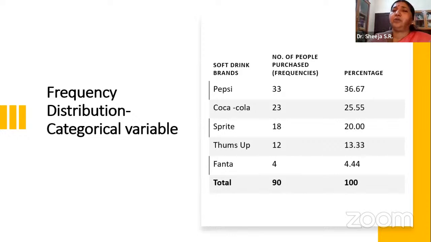Then Coca-Cola is the second preferred brand, with 25%, almost 26% of people preferring Coca-Cola. Then Fanta. So among these 5 soft drink brands, you can conclude that Fanta is the least preferred brand. So we get an idea about the frequency distribution of preference for various soft drink brands.